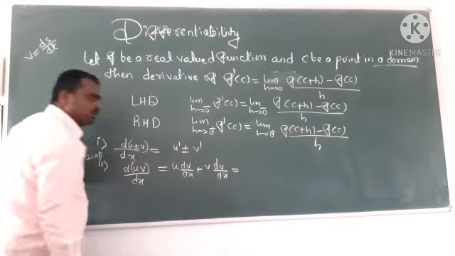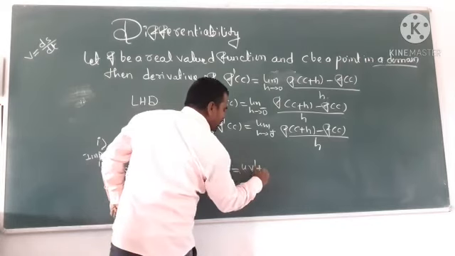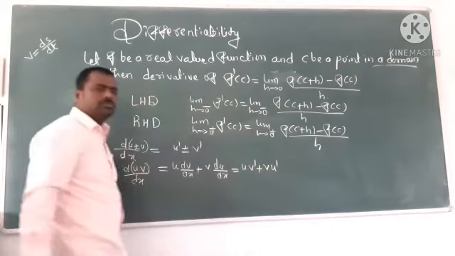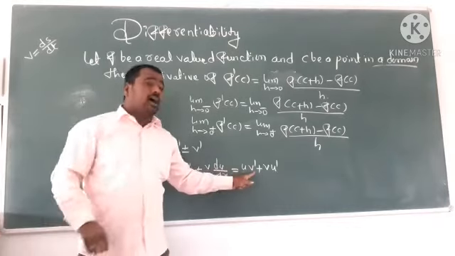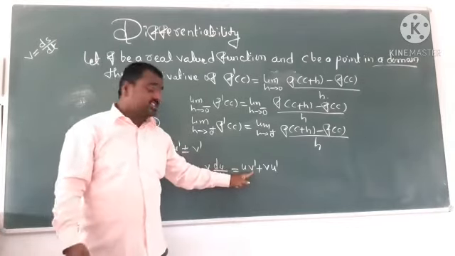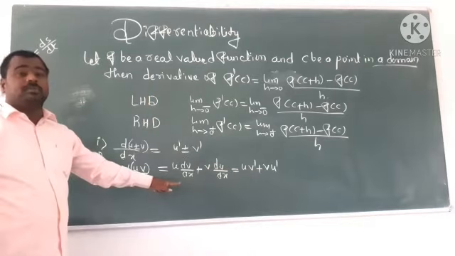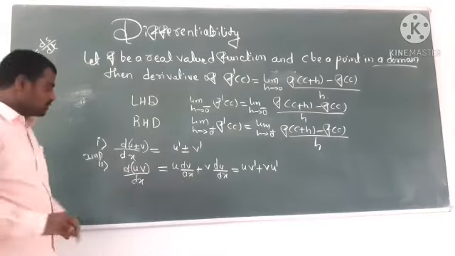This we write in another notation: u v dash plus v u dash, right? Here the derivative, another notation, is expressed with the dash, with respect to x. That is most important.